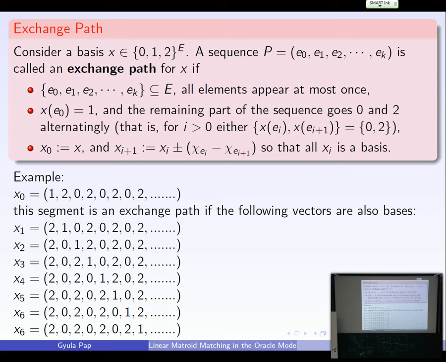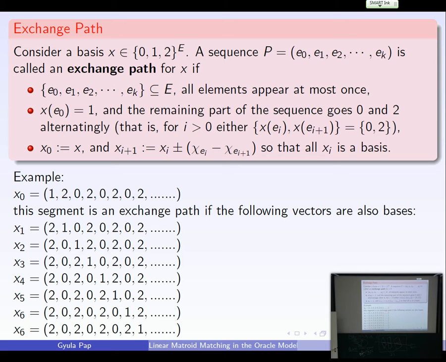So the length is bounded, and when we do the exchange, it is a basic exchange. This one also has to be feasible if we do an exchange between the first and second element, and then at the second step we do another exchange, which also has to be feasible, and so on.